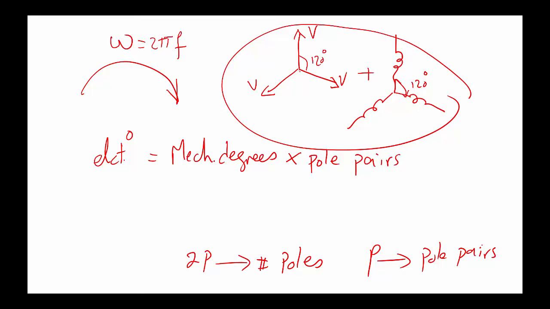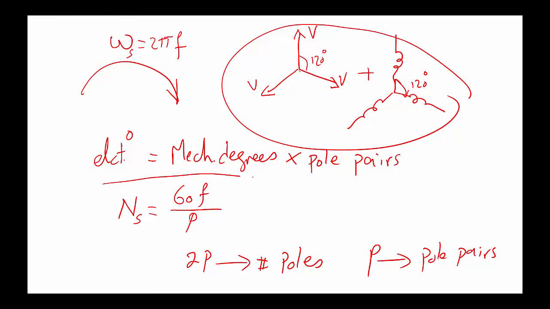So if omega electrical is 2 pi f, then you can easily find the synchronous speed, this is omega s, and then you can find that the rotational speed in revs per minute, we call it synchronous speed, is 60 f over p, where p are the pole pairs.